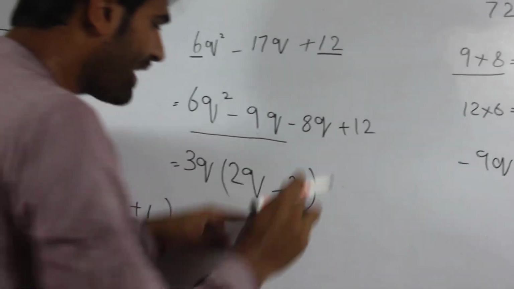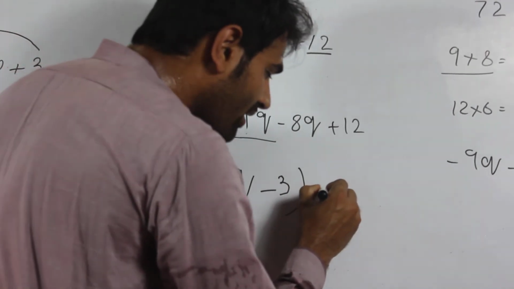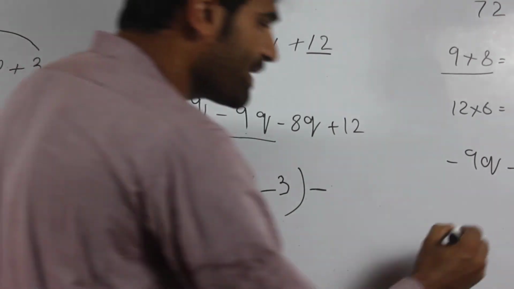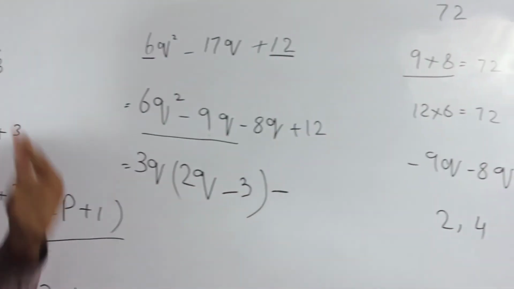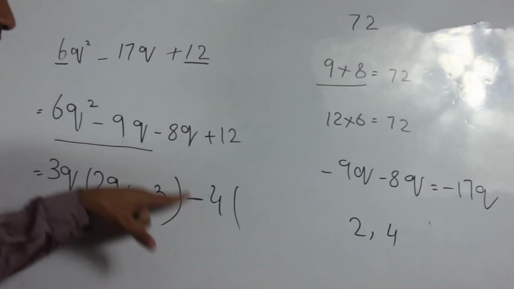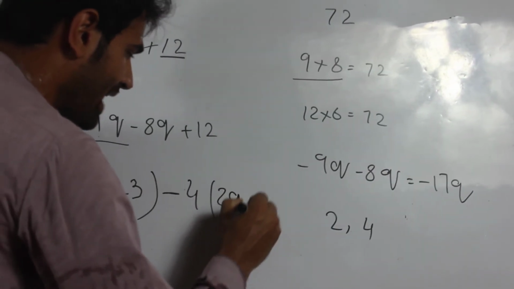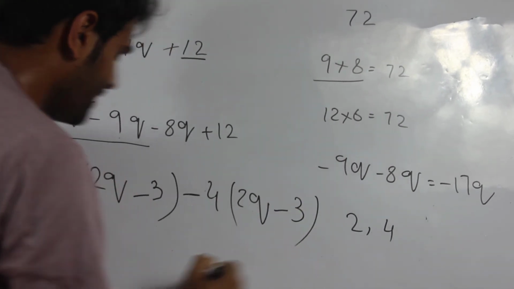I get a negative sign in the second term, so I take the negative sign common. In 8q plus 12, the common factors are 2 and 4, and the biggest is 4, so we take the biggest number common. First multiply signs, minus minus is plus: 4 twos are 8, and q as it is, plus, minus minus, 4 threes are 12, so here write 3.